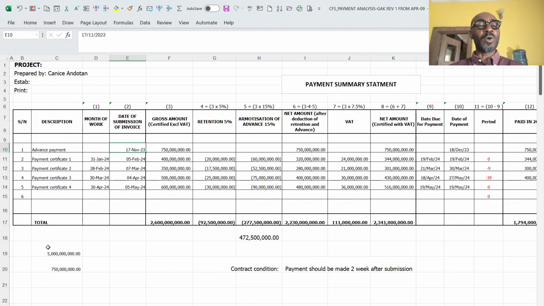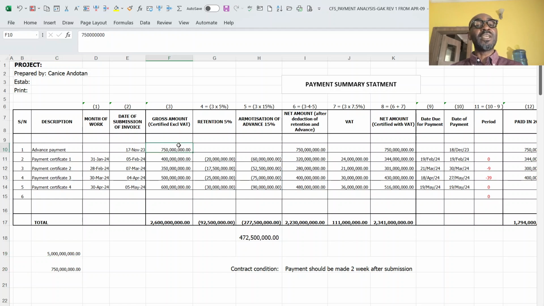this document. So my assumption is that the project is a 5 billion naira project, and in the contract condition, it is stipulated that upon submission of a bank guarantee, the client should give me 15% advance, which amounts to 750 million.